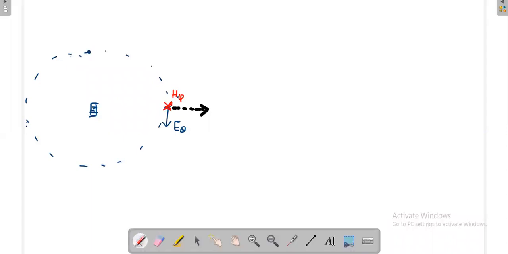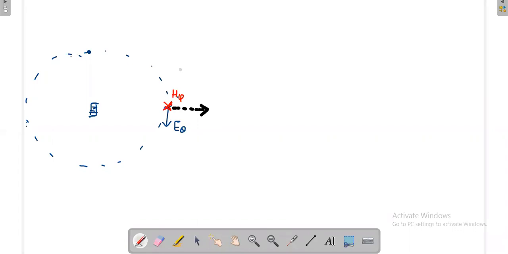In which direction will E theta be when you stand here? Any idea? Sir, minus x direction. Minus x direction, hmm.